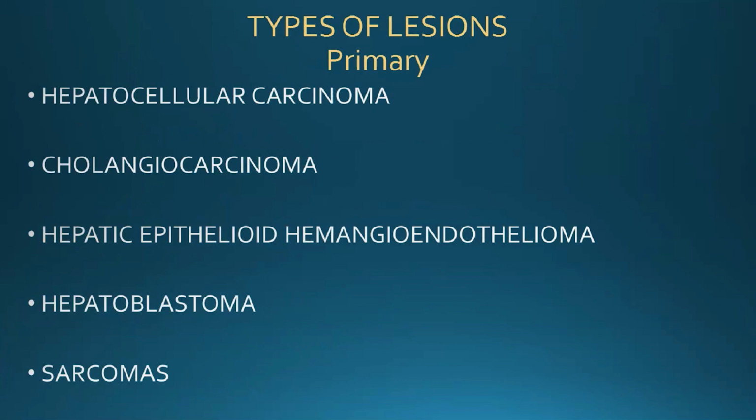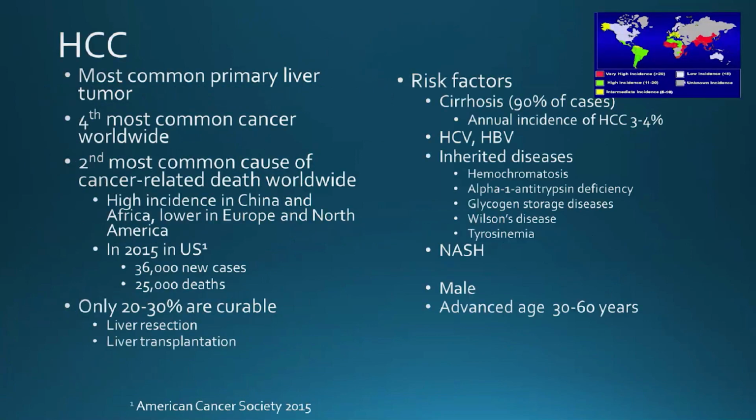So, primary malignancies of the liver, we start talking about hepatocellular carcinoma. Hepatocellular carcinoma is the most common primary liver tumor, the 4th most common cancer worldwide, and the 2nd most common cause of cancer-related death worldwide.